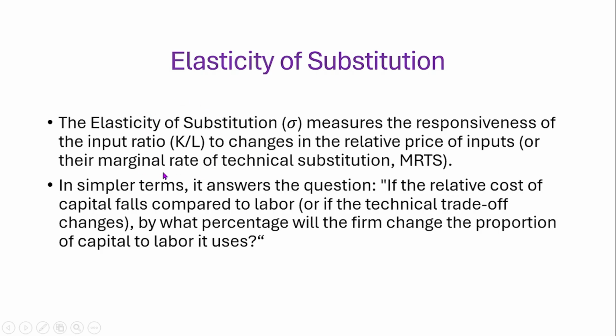That means how much capital or how much labor we will need for our production function. For example, if the cost of capital falls, we will take more capital for this production function. This is said by the sigma.